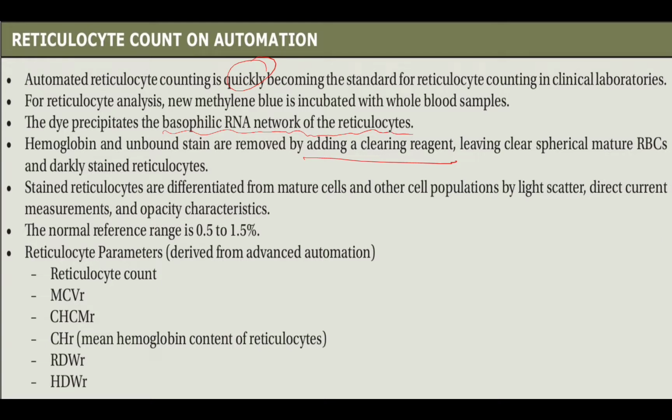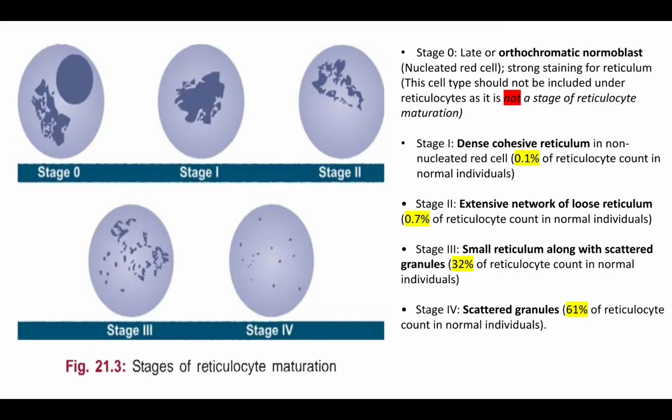The normal range is 0.5 to 1.5%. The principles used in automation are light scatter, direct current measurement, and opacity. The other parameters, as mentioned, can also be measured on automation.